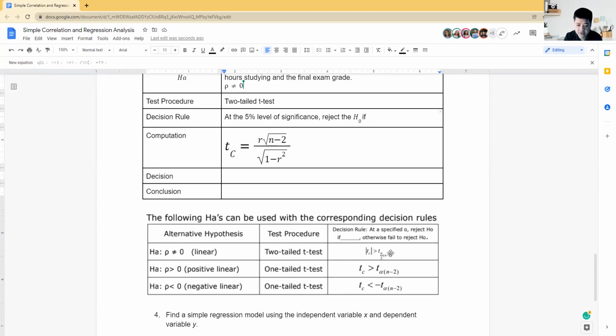If the absolute value of t_c, or the absolute value of the computed value of t, just t sub c, is greater than t alpha over 2 with the degrees of freedom n minus 2.